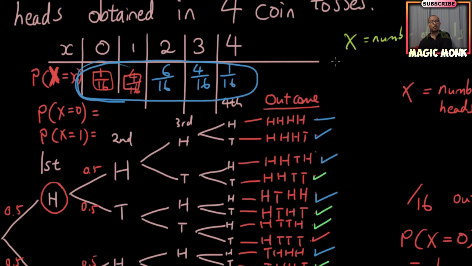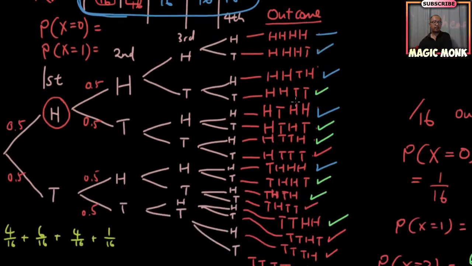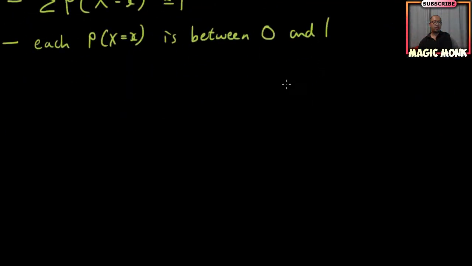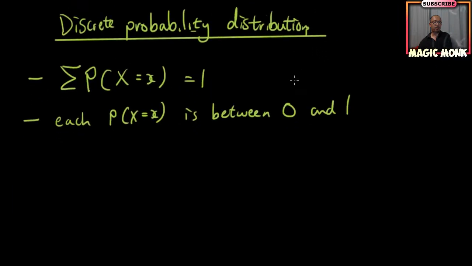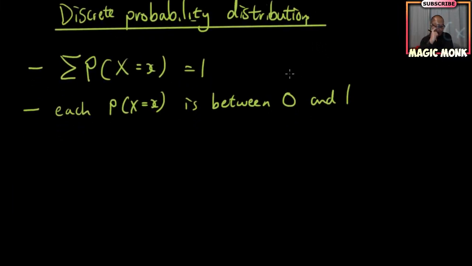And let's say I run an experiment for 6 times. Do I need to draw 6 layers of trees in order to get these numbers? So that's probably going to be too long. So we're going to think of a slightly better way to do it. And the way that we're going to do it is called binomial distribution.